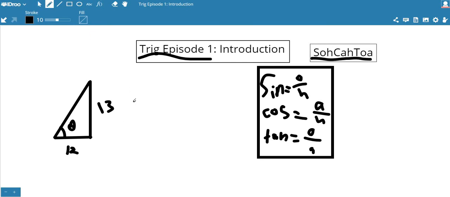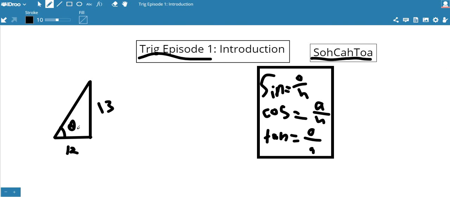So, first, which one do we want to use? Sine, cosine, or tangent? For sine, it will be opposite over hypotenuse, but we don't know what the hypotenuse is.